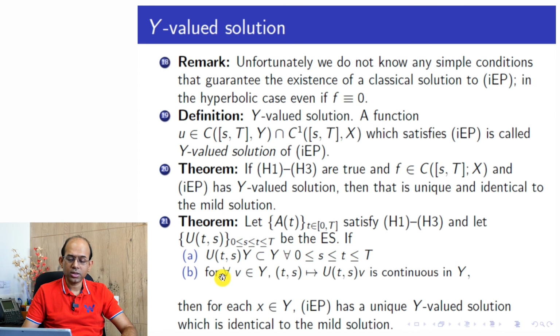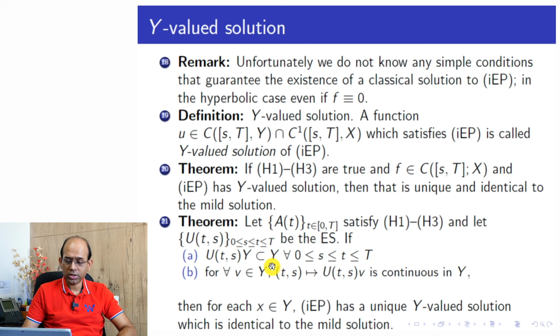B is that for all small v in Y, a point in Y, (t,s) maps to U(t,s)v is continuous in Y. This is of course continuous in X, because it comes from the evolution system, but we are asking that it is continuous in Y, so that is an additional condition.